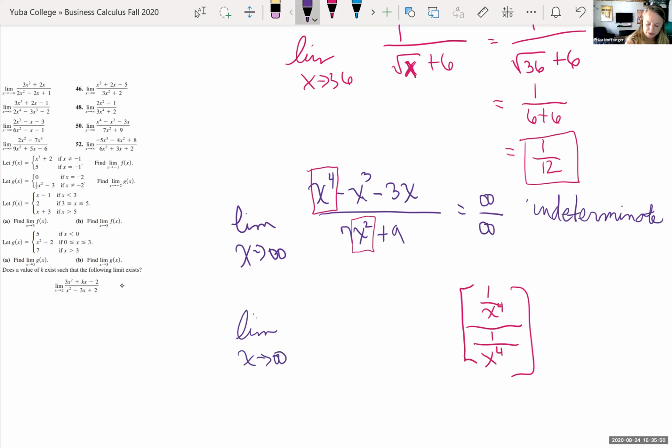Okay, the limit as x approaches infinity of x to the fourth minus x cubed minus 3x all over 7x squared plus 9.